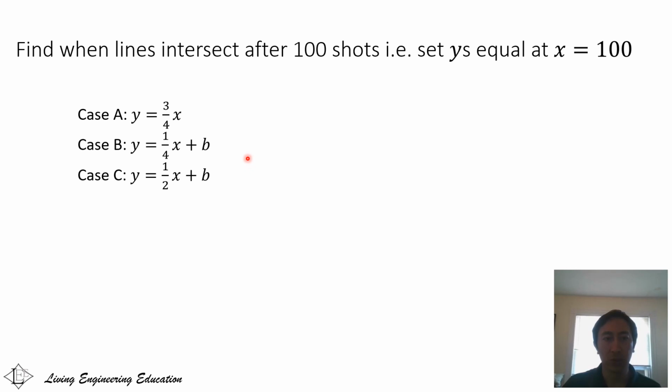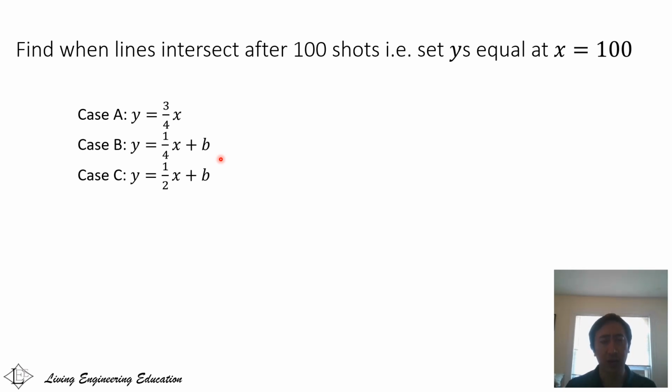Now I'm trying to determine after 100 shots, or x equals 100, how do I make the y values the same by changing the y-intercepts for teams B and C. Now, I recognize I should have put subscripts for y, x, and b, so we're clear that they're not exactly the same. But I think we're separating these equations well enough that we don't need to do that here.